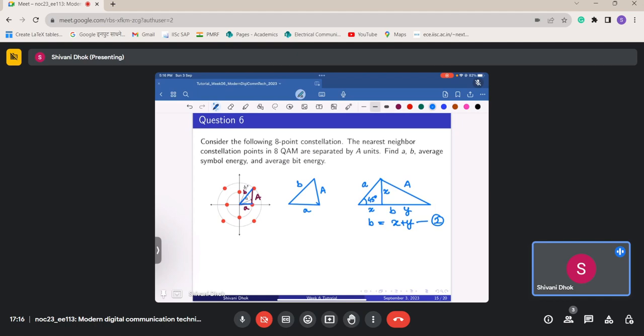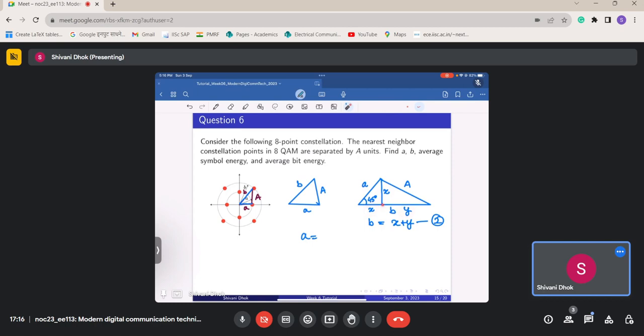Okay, so now what we have is this a is basically x cos 45 degrees. I want to find this b. It's easier to find this x and then find this y.